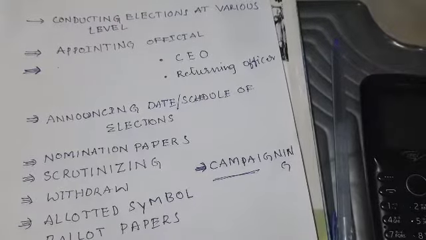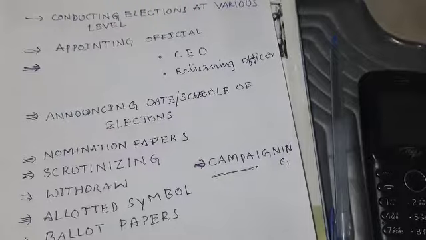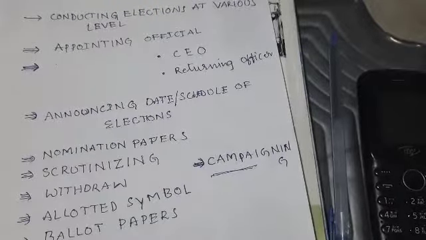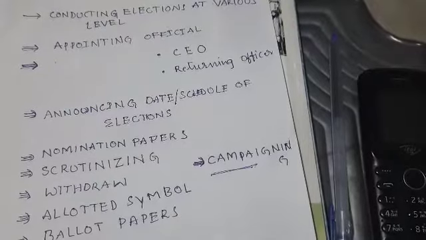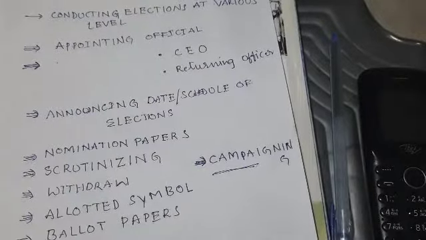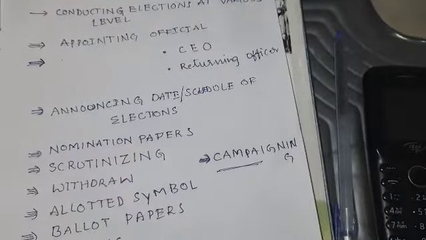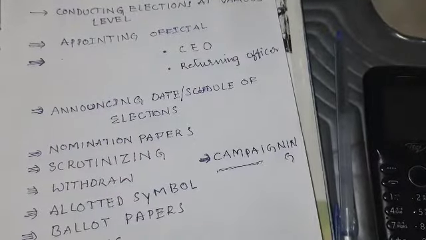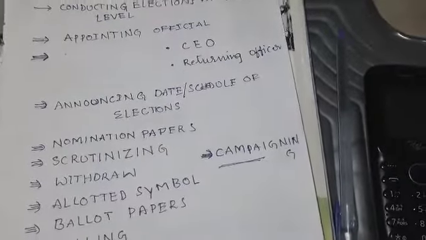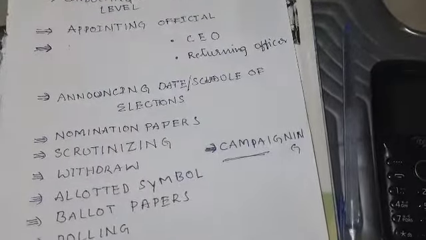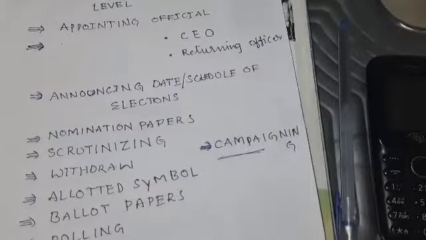When dates are announced, at that time parties ask their candidates to stand in the elections. There are three or four parties choosing their candidates and asking them to stand in the elections, so that those who are going to contest can give their nomination papers.